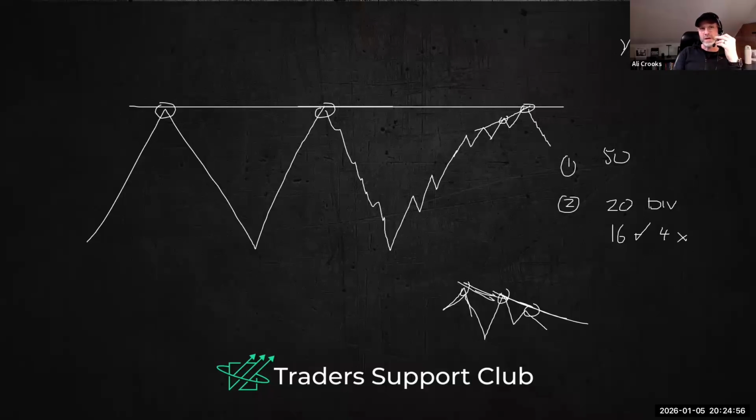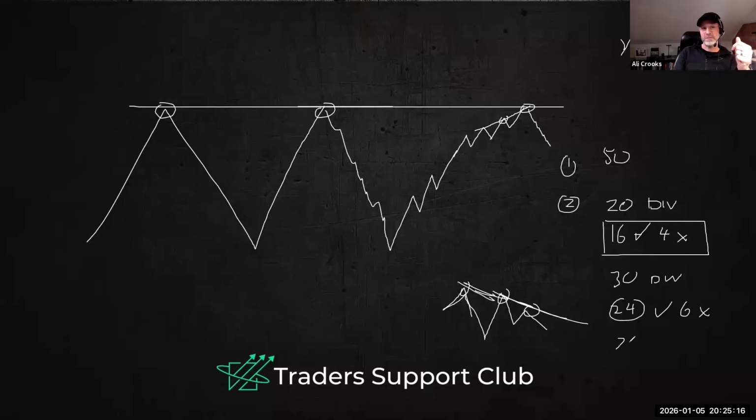So what I end up with is, out of those 20, a very high win rate in terms of change of direction. It might be that the number's higher. It might be 30 with divergence out of the 50, and 24 do that and 6 don't. Or 25 do it and 5 don't. Who knows?